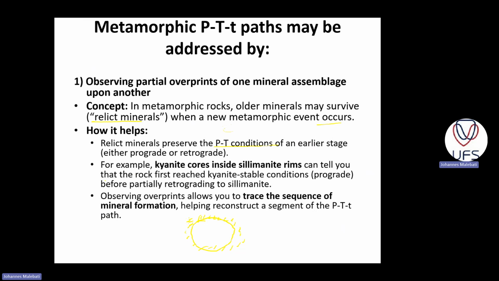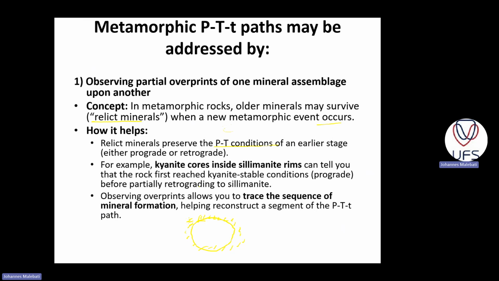And remember, for a reaction to take place, we need a sufficient amount of heat. We need heat and we need fluid. But because most of the fluid would have been lost during prograde metamorphism, during retrograde we don't have sufficient heat and also sufficient fluids.